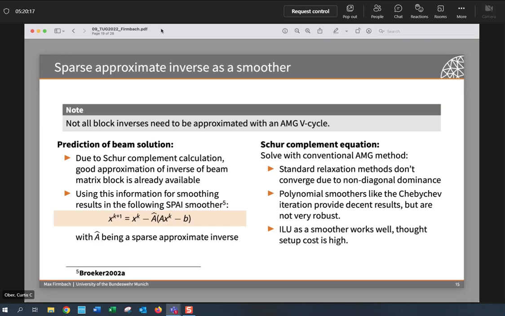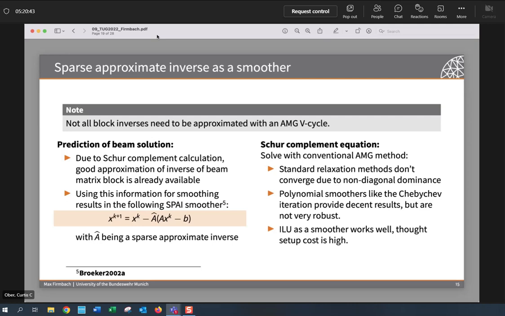So you end up with the sparse approximate inverse smoother, where A hat is used to solve this fixed point iteration and is used as solver. And it turned out to be really efficient, that you can really get rid of the errors in the multigrid cycle, or at least in this one level method, already with this kind of approach.